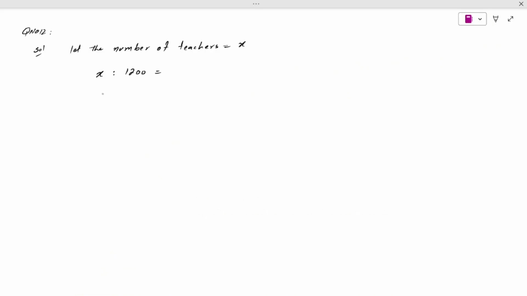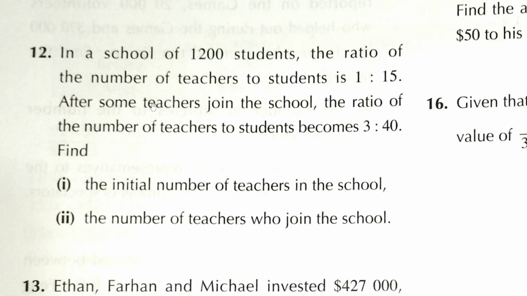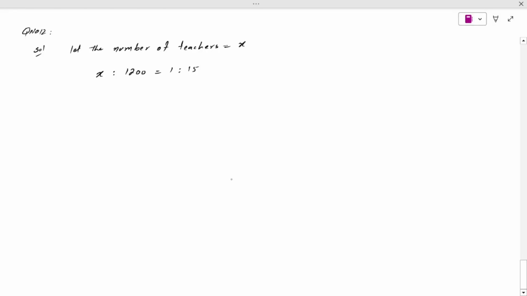So from here we can get the initial number of teachers, that is part 1 of question number 12: the initial number of teachers in the school. This we have to find, the value of x.